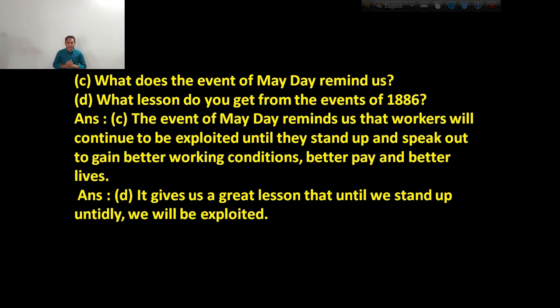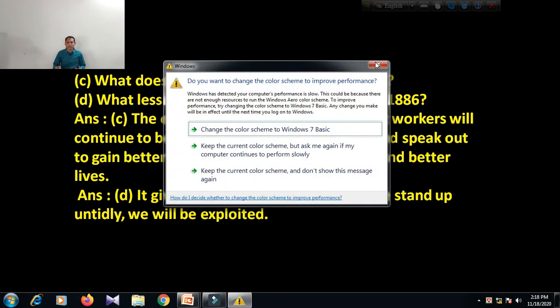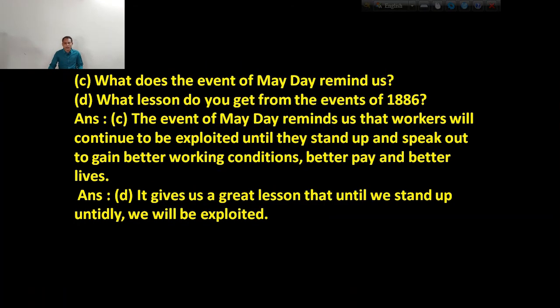What do you learn from the events, from the incidents of 1886? It gives us a great lesson that until we stand up unitedly, we will be exploited, deprived and oppressed by the owners of the farms, mills and factories.